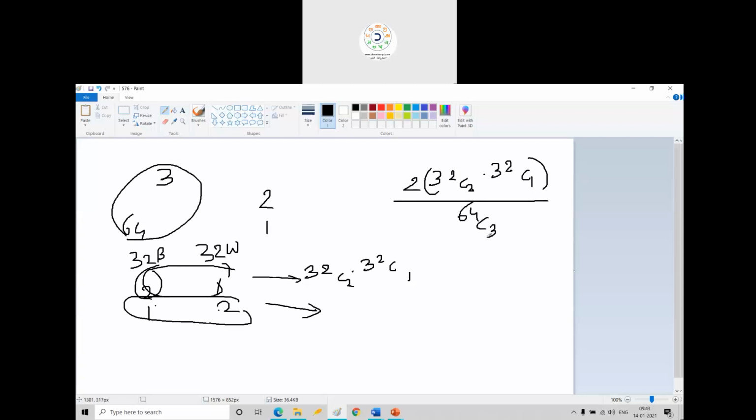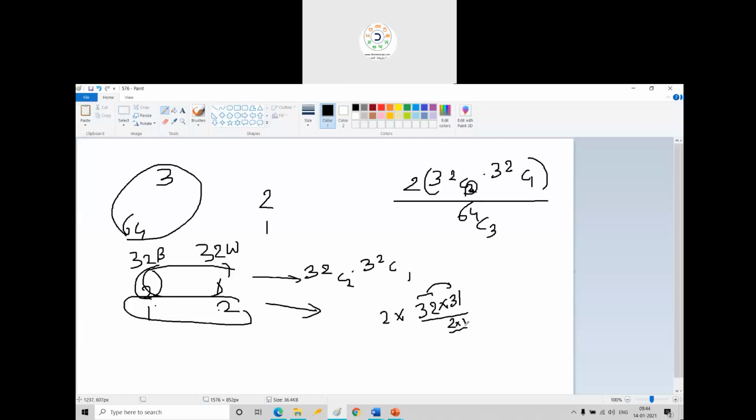So let me just simplify this now. 2 into, now 32C2 will be written as 32 into 31 by 2. Since this is 2, I have to start with 32 and write 2 numbers in decreasing order, and divided by, so this is 2, I start with 2 and go in decreasing order up to 1.